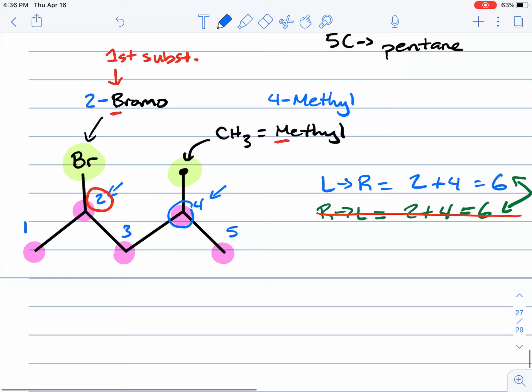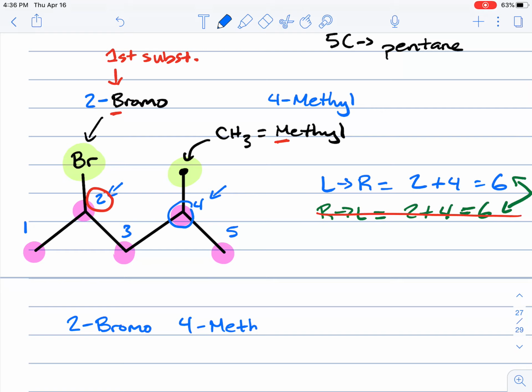Since the B in bromo is first in the alphabet, we're going to write 2-bromo. Then we're going to describe the second substituent, which is the methyl, which is 4-methyl.